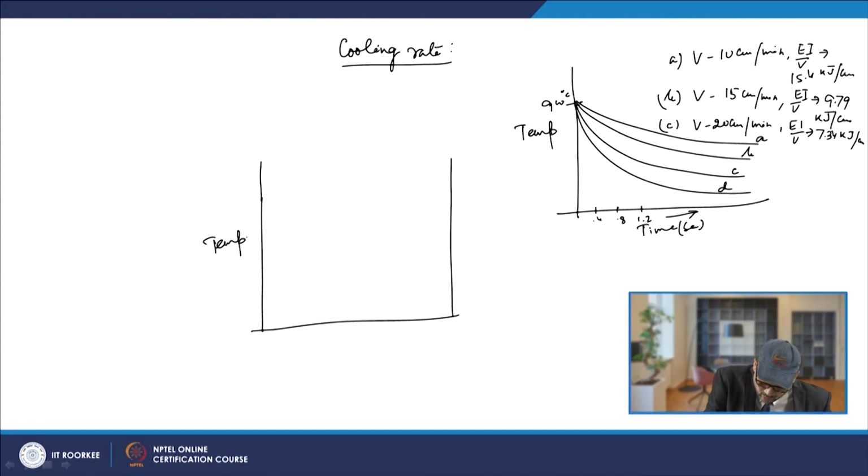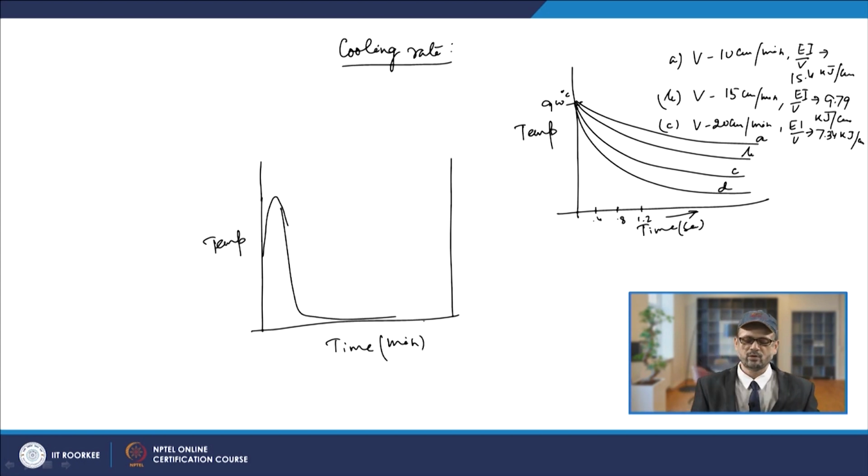In the comparative study of temperature and time for the two welding processes, for arc welding it was coming like this, and for electroslag weld it goes and then moves like this.